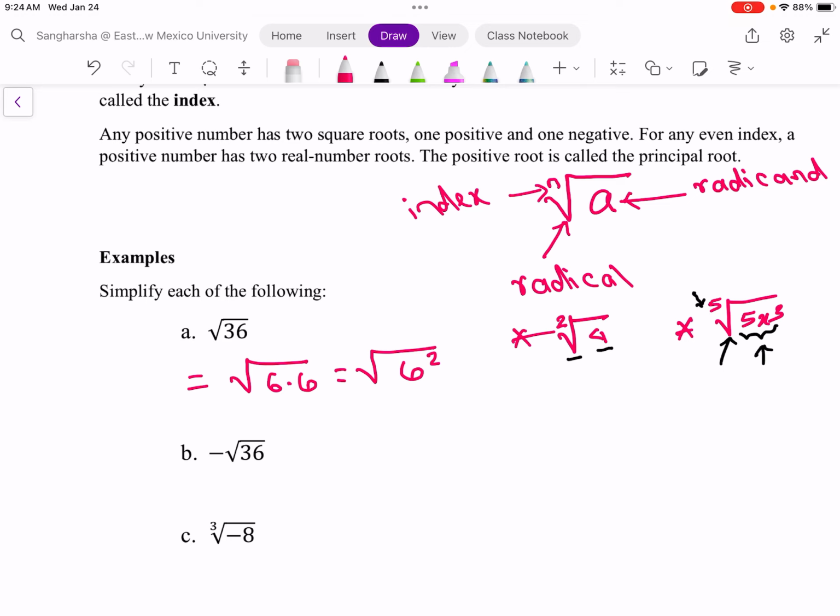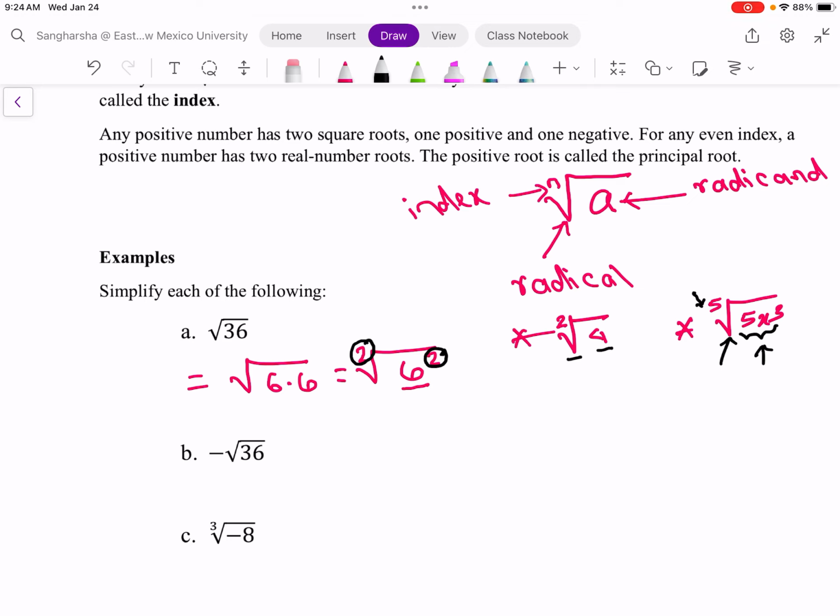Now the index for this radical expression is 2, and the exponent of this radicand is 2. If you have this, then we get rid of our radical sign.